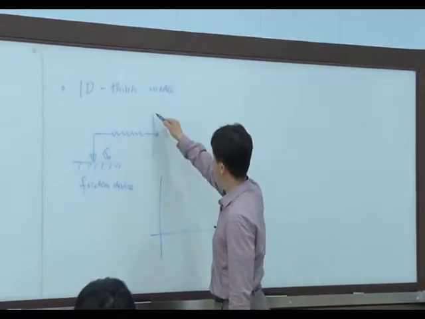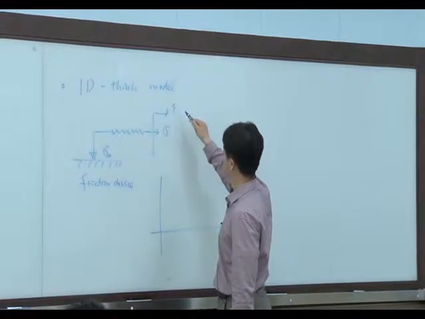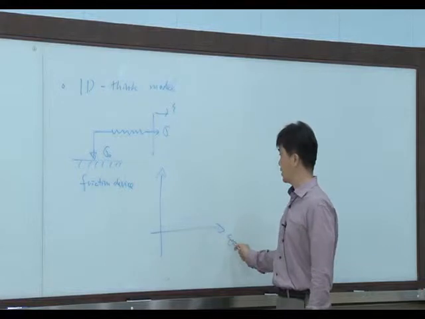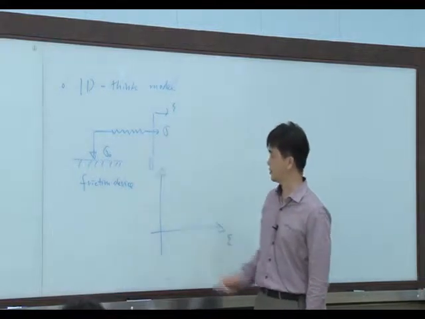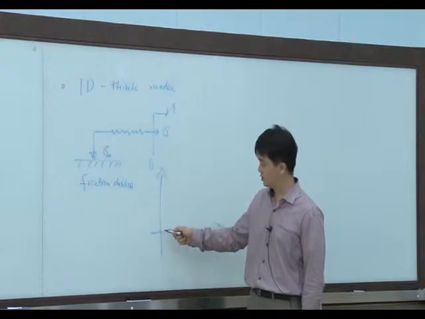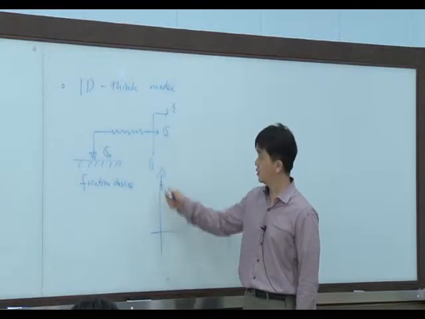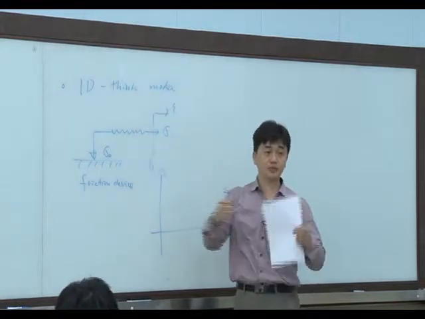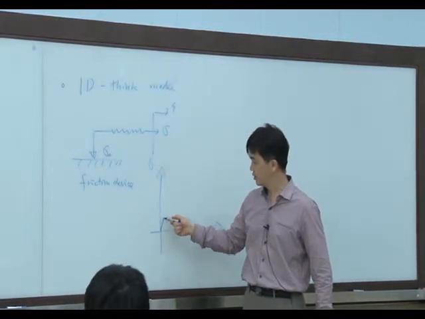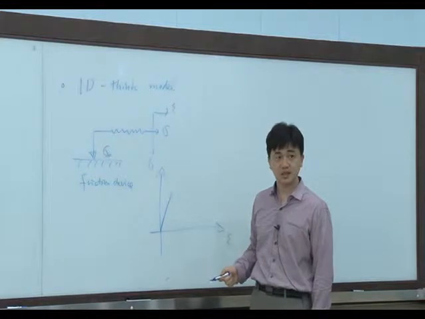So, the displacement from here can be considered as a strain, and the load as a stress. First, I'm going to increase the stress. Okay, then only the spring will be stretched, right? So due to that, the response is elastic.